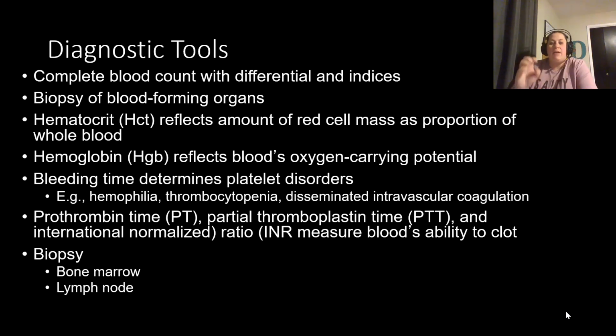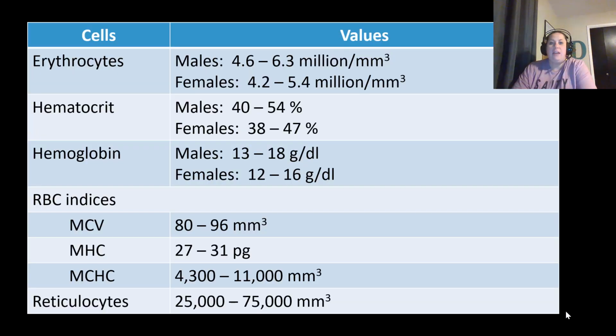Now guys, because complete blood workups are a big part of this, and we look at the indices of what we should see in blood, we have some normal values. When we're talking about red blood cells, specifically the erythrocyte number, hematocrit, and hemoglobin, there is going to be a difference between males and females, mostly due to average body size.